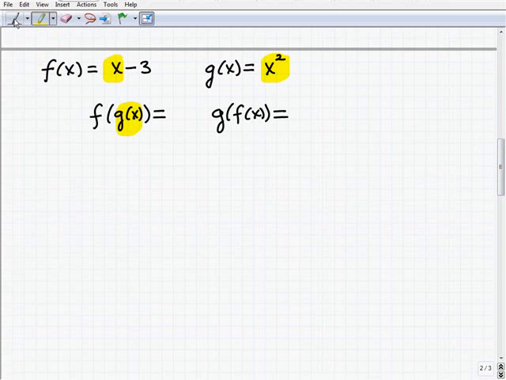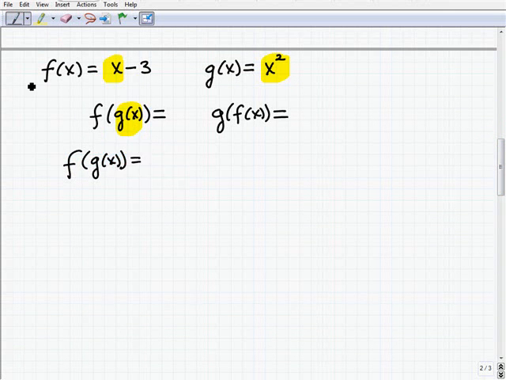So f of g of x is, my f function is x minus 3. However, this x, I'm going to plug in the g function, which is x squared. So it's going to be x squared, let me write that better, x squared minus 3.